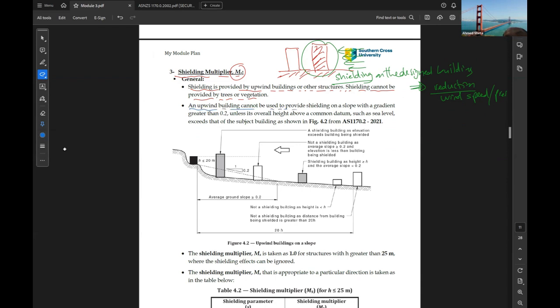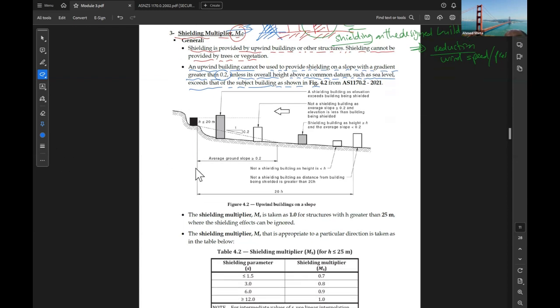Upwind buildings cannot be used to provide shielding on a slope with a gradient greater than 0.2 unless the overall height above a common datum such as sea level exceeds the height of the subject building. So this means that if we have a shorter building and the wind comes from here, it cannot be used as a shelter because it is shorter than our building. Here is an example.